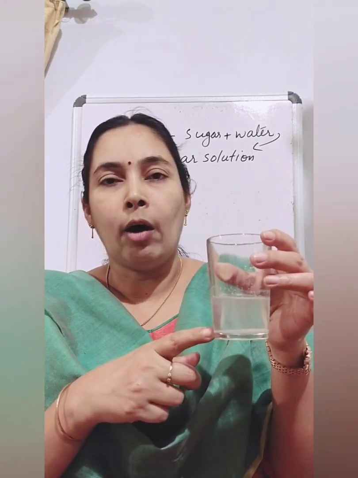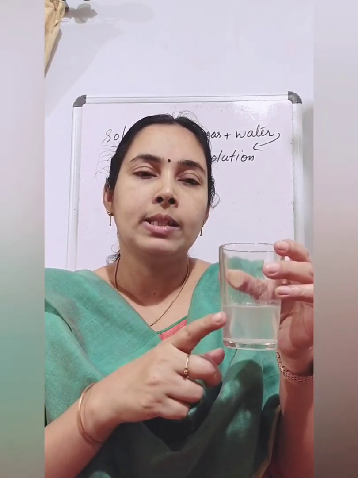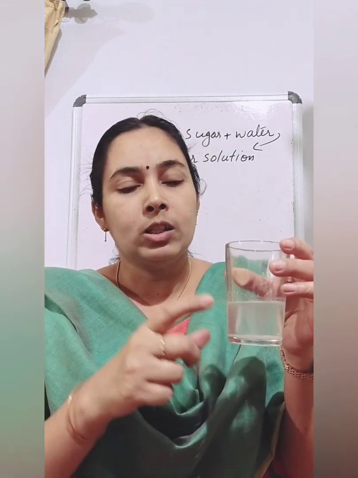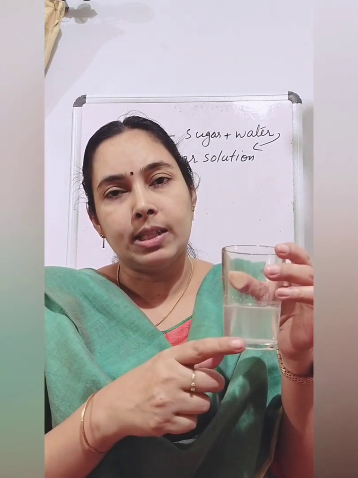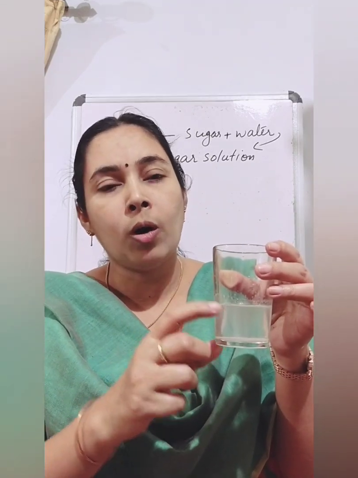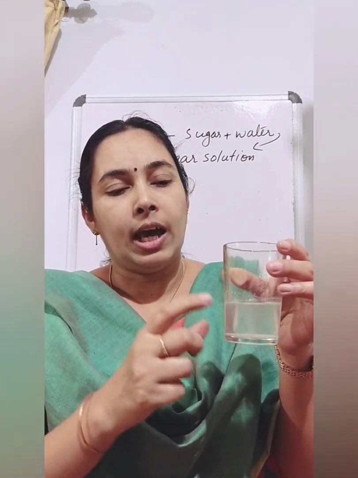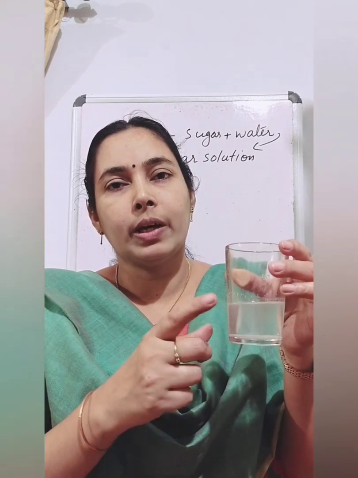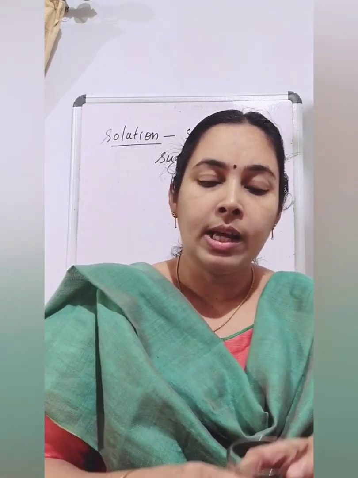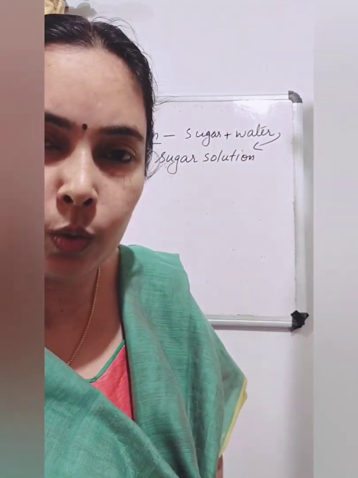It will settle down at the bottom. That means this solution cannot dissolve any more substance in it. So this is a solution in which no more of that salt can be dissolved. Okay, so that type of solutions are called saturated solution.